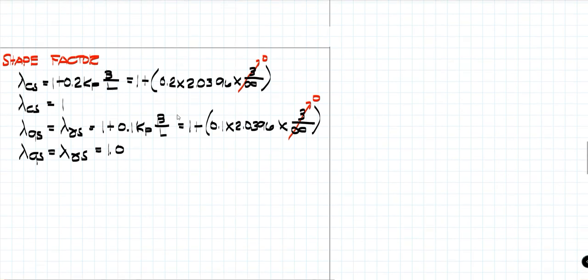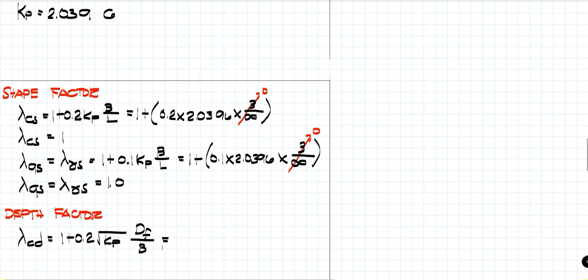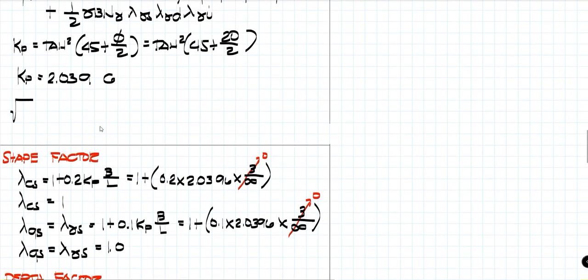Now, meron na tayong shape factor. Next, we have a depth factor. So, for our depth factor, yung lambda CD natin dyan is equal to 1 plus 0.2 square root ng Kp df over B. Okay lang naman kung kinuha nyo na yung square root ng Kp kasi ang square root ng Kp is just equal to tangent of 45 plus phi over 2.